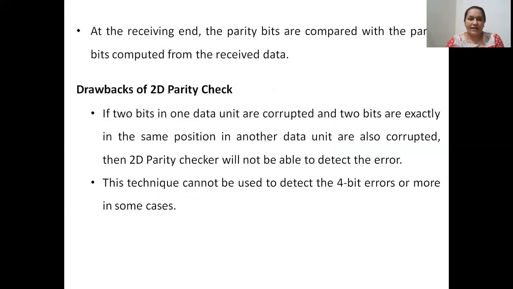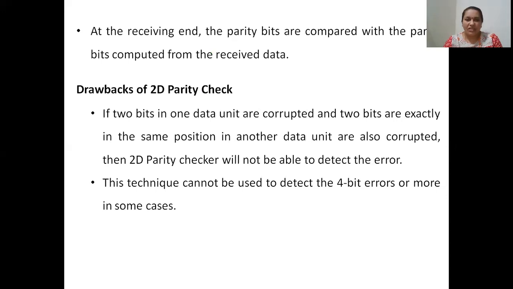At the receiving end, the receiver will check for these parity bits by recomputing them. If the parity bits match with what is sent by the sender, the receiver assumes the data to be correctly received. The 2D parity check also has a drawback.